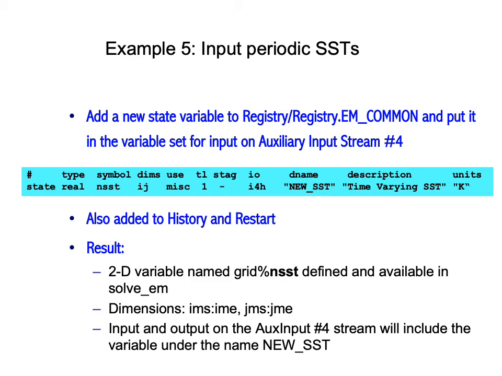All the 2D and 3D arrays that come out of the WRF model are memory dimension size. Finally, the last piece that's important here is that this is set up as a variable that is going to come into the WRF model via an unused auxiliary stream, in this case, auxiliary stream number 4.